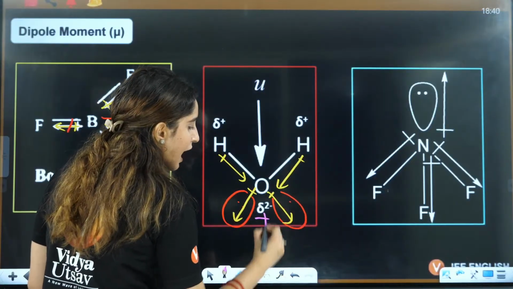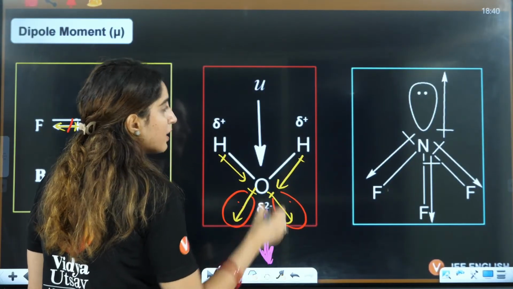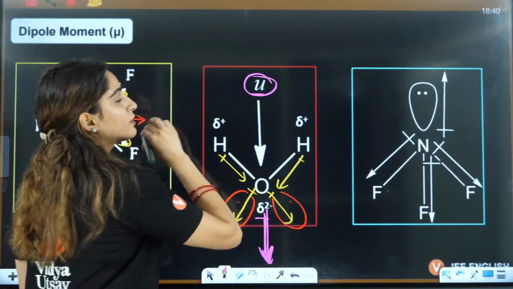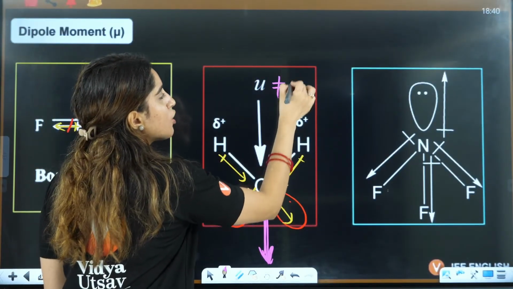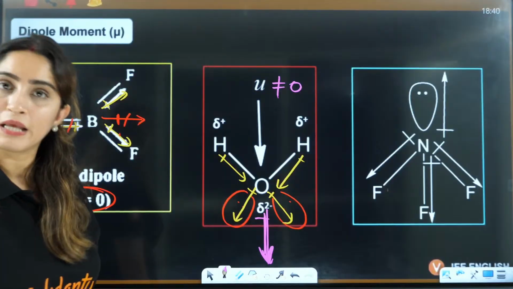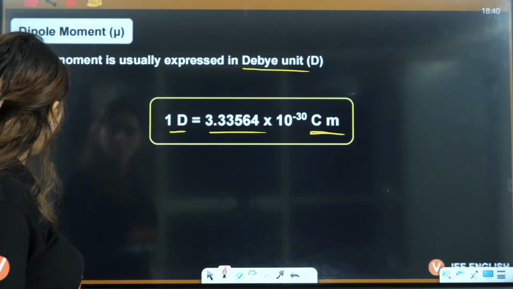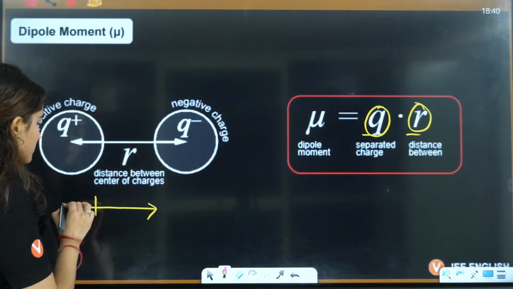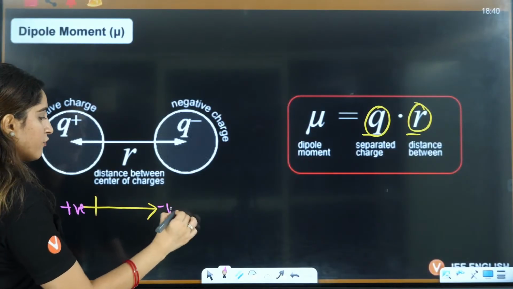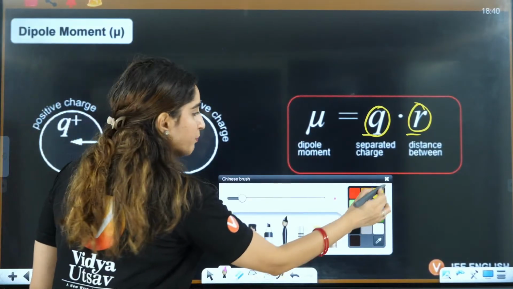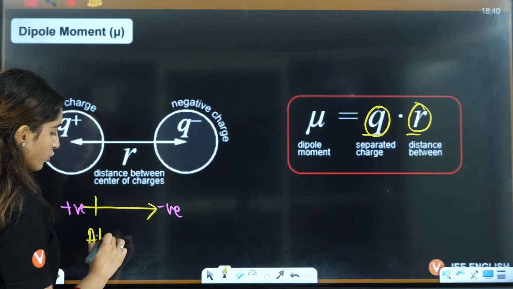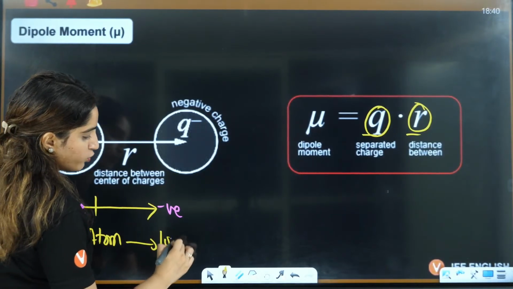All of them will add up to form a really large dipole that is not equal to 0, right? So always remember it is going from positive to negative and atom to lone pair, atom to lone pair.